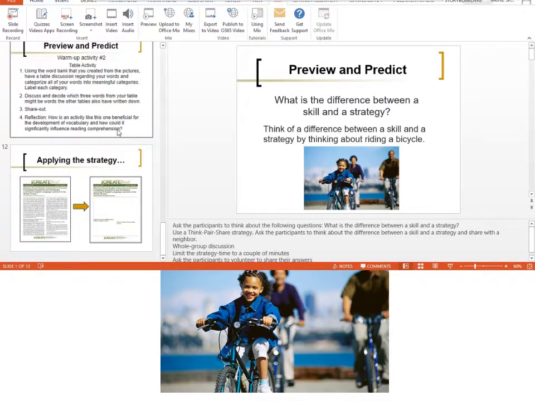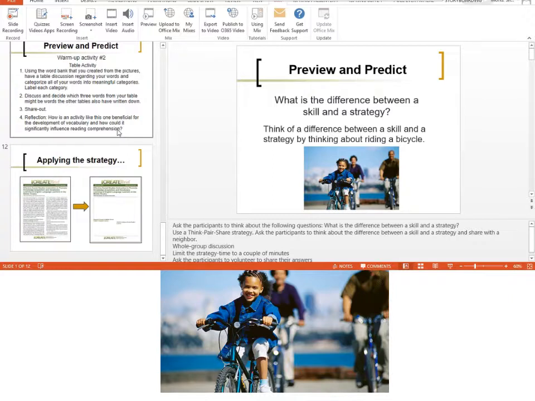So basically, by now you know that when you are going to preview, one of the best things you can do is to look for any related images, or the most important thing you can do is to look at the title first. When you look at the title, it is called a previewing activity.